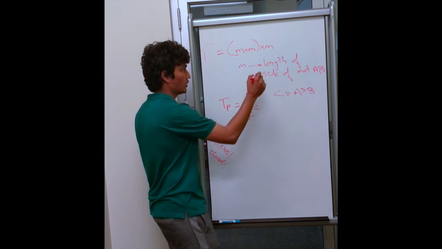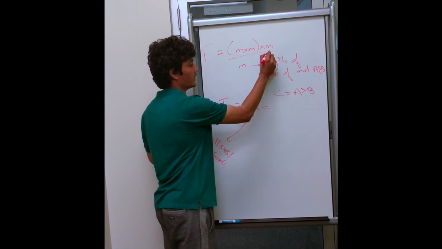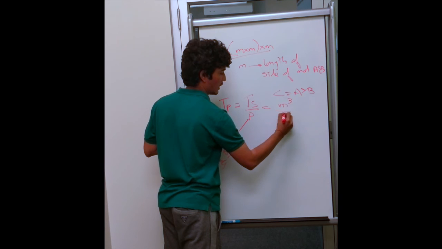When we replace Ts by the value given here, it comes down to m cubed by P.